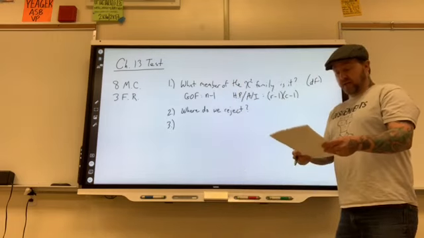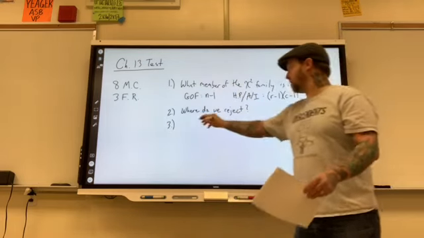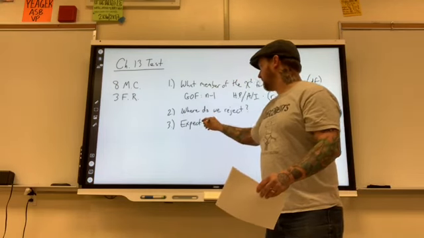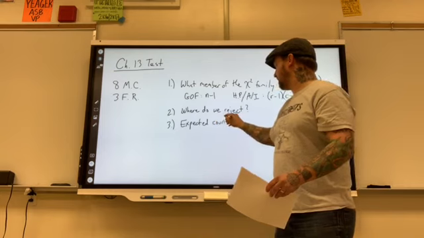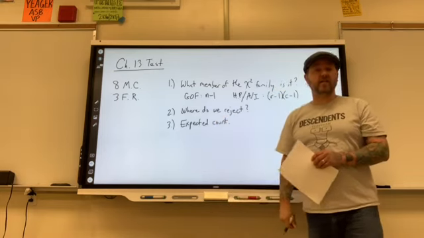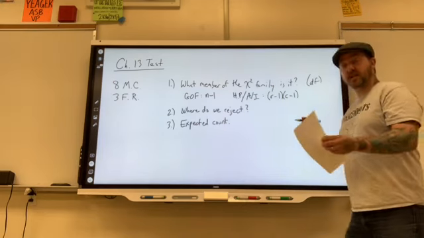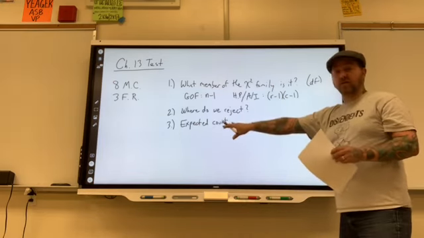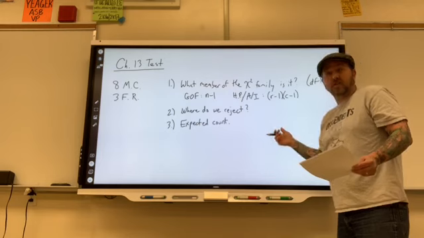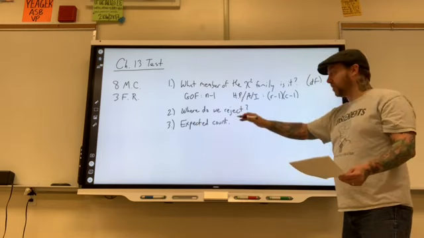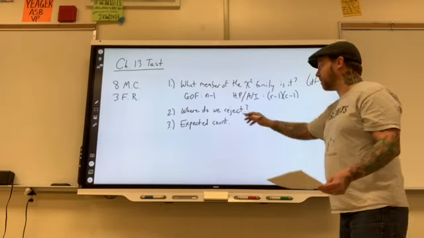All right, number 3. Find the expected count. Now, you can do this one of 2 ways. You can do this the easy way, or you can do the whole test. If you need to do the whole test anyway, you might as well do the whole test, look at the expected matrix, and go from there.